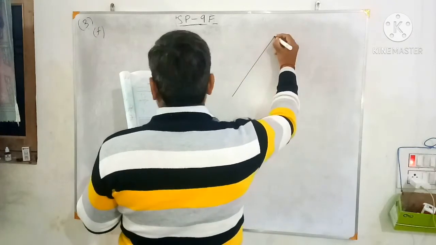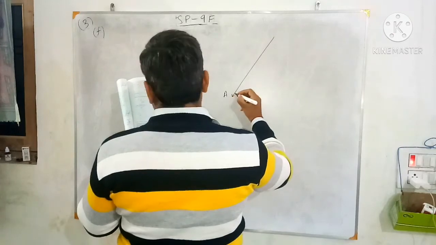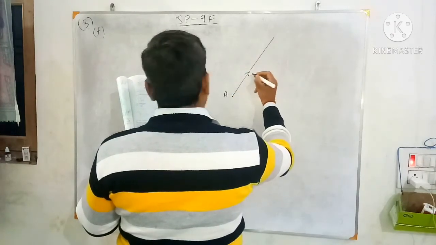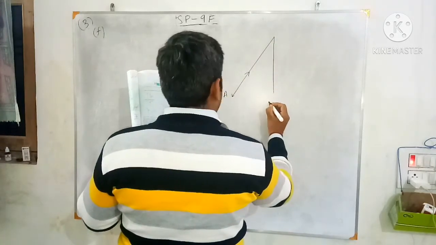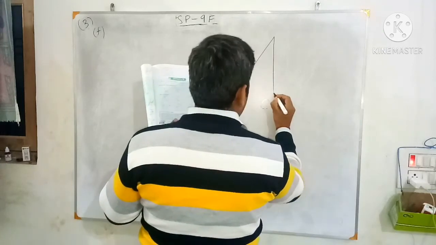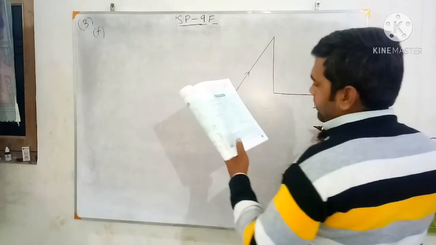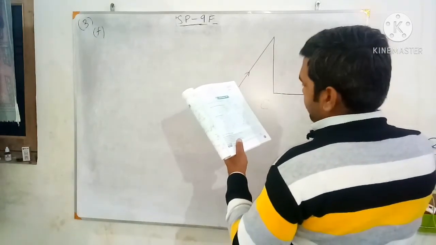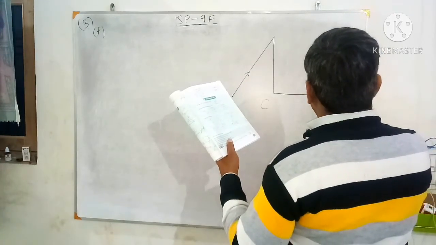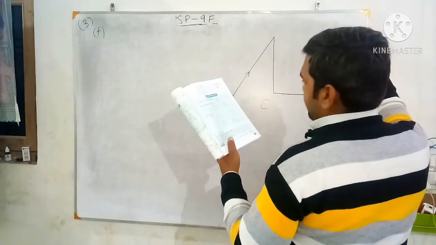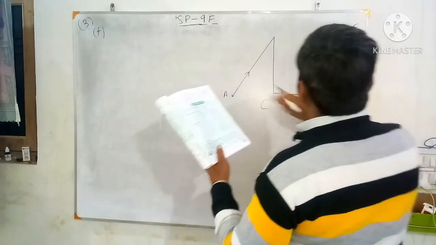There is a line A, this is C, that is D, and again we constructed a line parallel to this. That is the E, and these two lines are parallel.